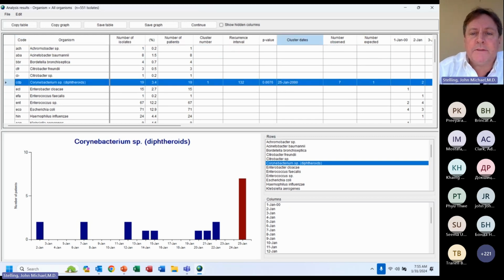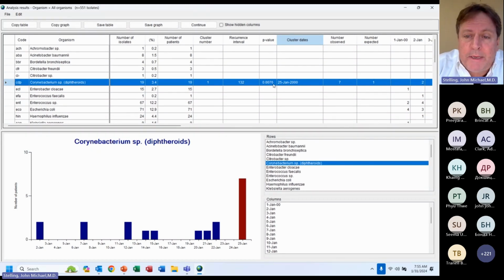And here you have the details. The p-value is 0.0076. For those of you who have studied statistics, you will know that the smaller the p-value, the more unusual it is, outside of the range of normal expectation. Anything below p of 0.05 we consider to be statistically significant.